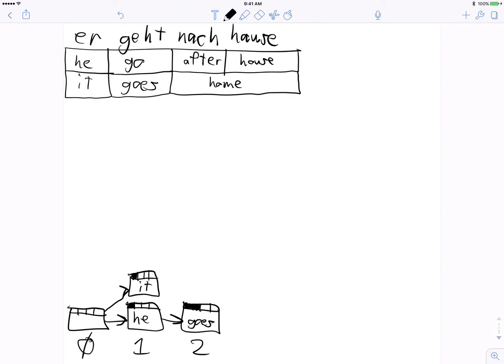Okay. Now, we also could have extended it by translating gate as goes. We also could extend he by translating gate as go.